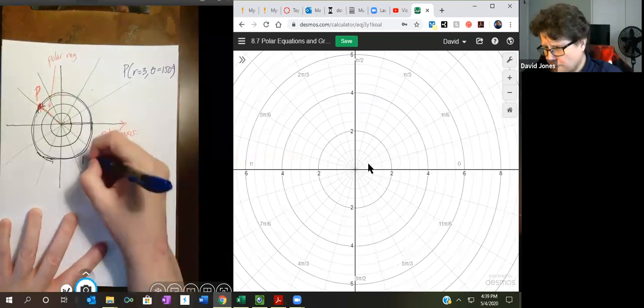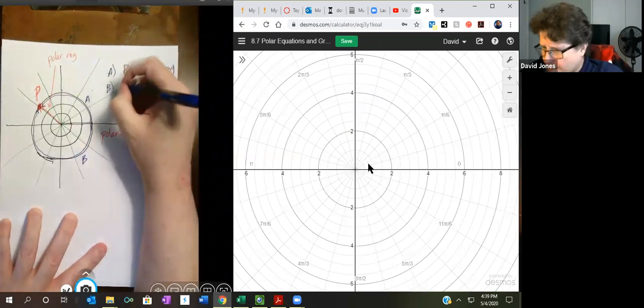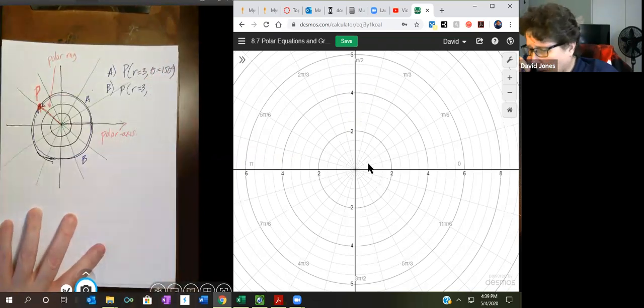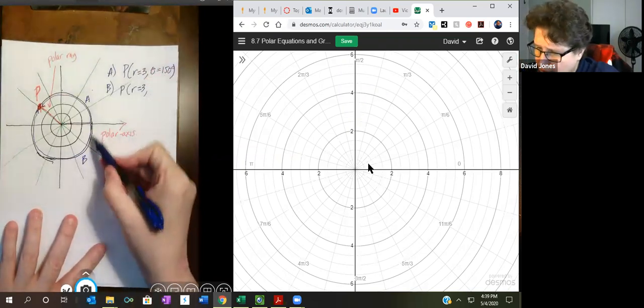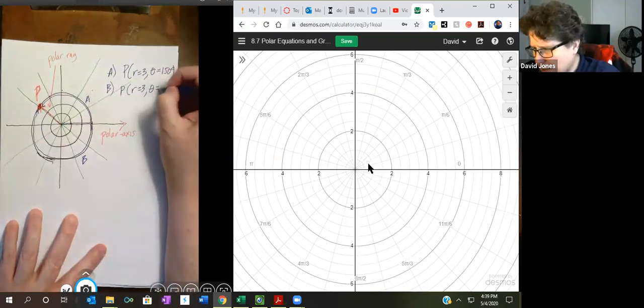So this would be option B. This was option A. I still am going out 3 from the center, but now I'm going backwards 180 degrees and another 30. Theta could be negative 210.